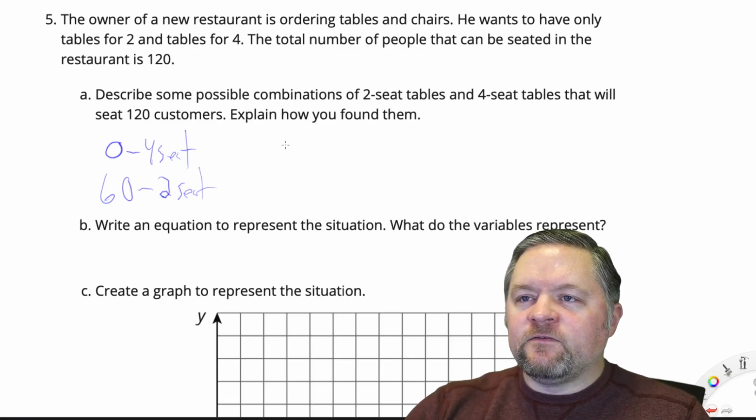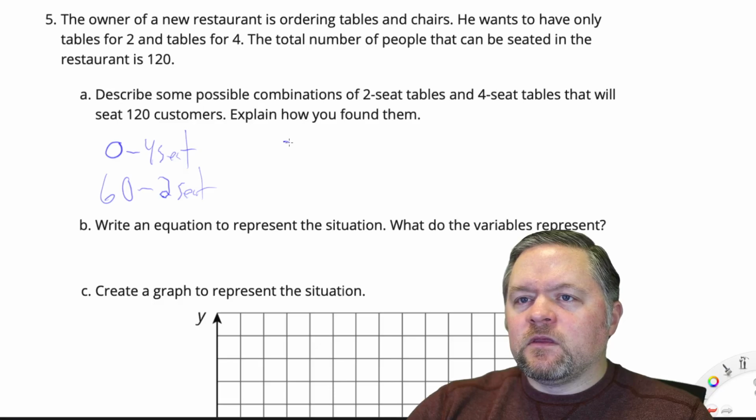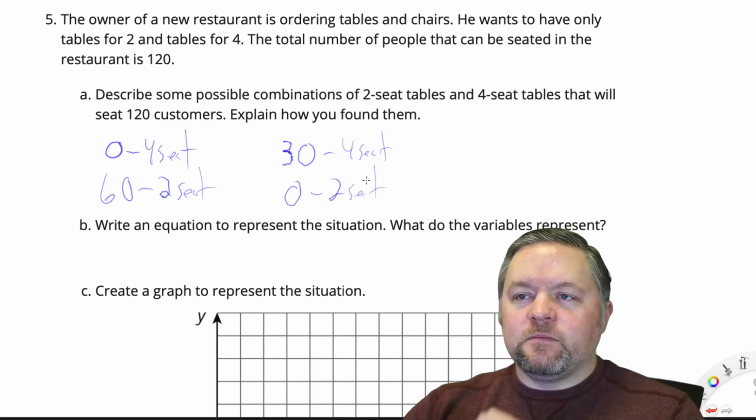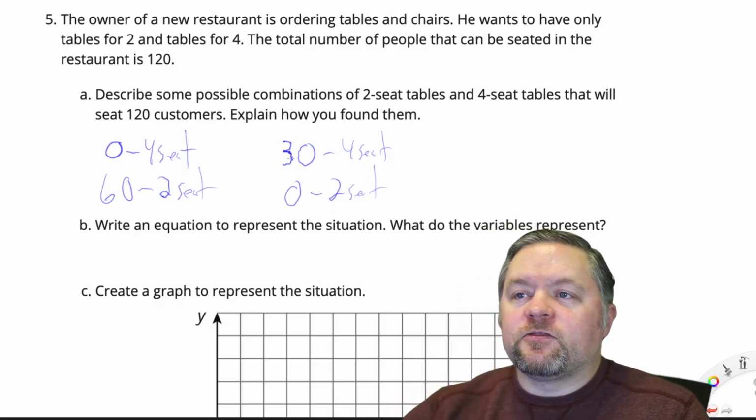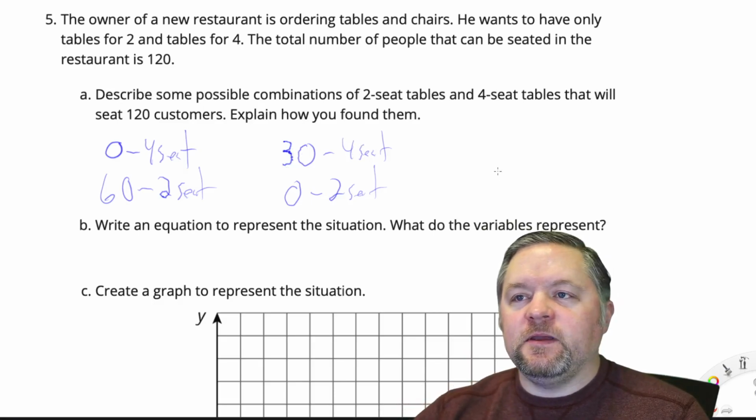We could have 30 4-seat and 0 2-seat because 30 times 4 is 120 people.